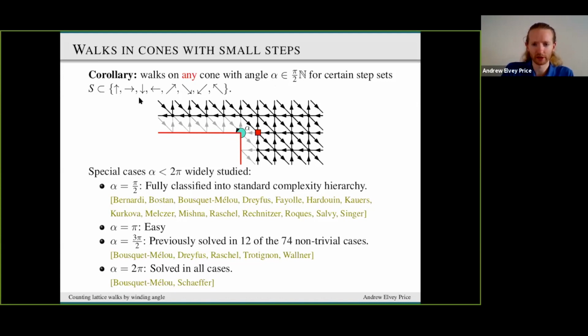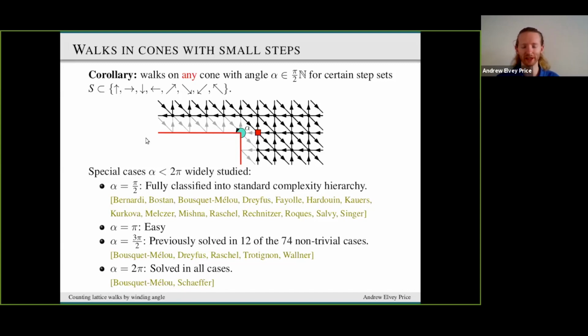And we take some set of steps, a subset of these, and then count walks which are only allowed to use steps from the set S. In the quarter plane, these have been extensively studied. Mireille Bousquet-Mélou started the systematic study of these walks in about 2005.